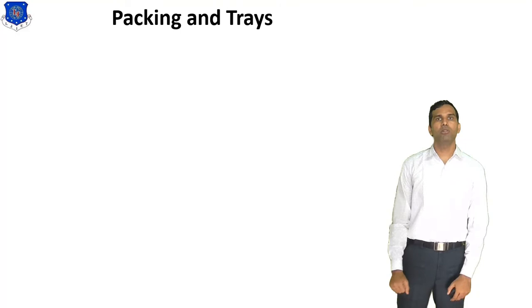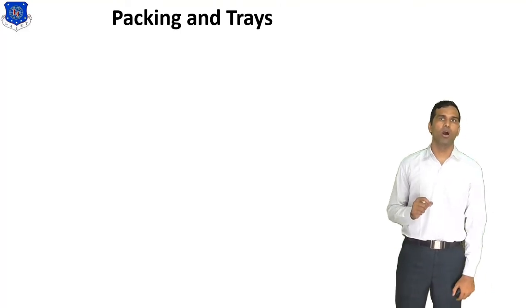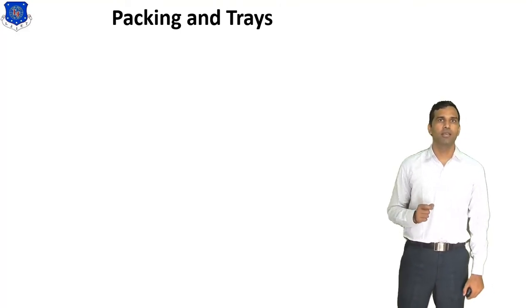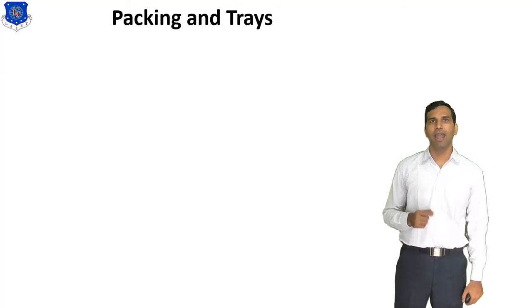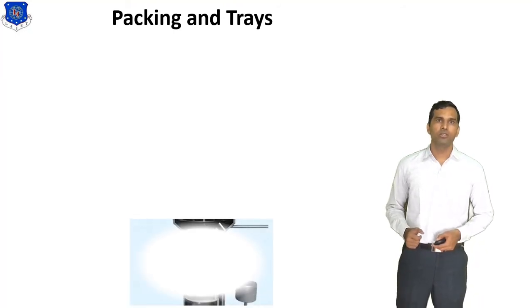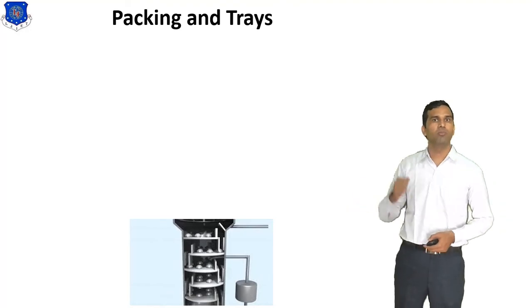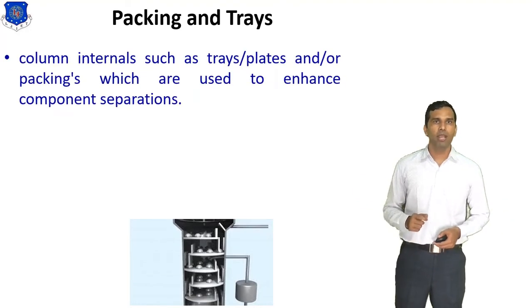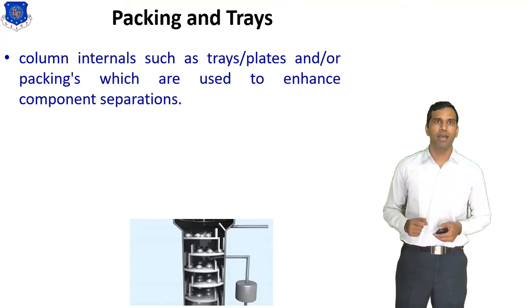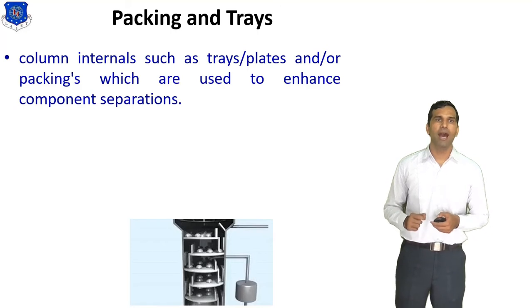Now we discuss the second component of the distillation process, which is the packing and trays. See, these are the trays in the distillation column. Column internals such as trays, plates and packings are used to enhance the component separation.